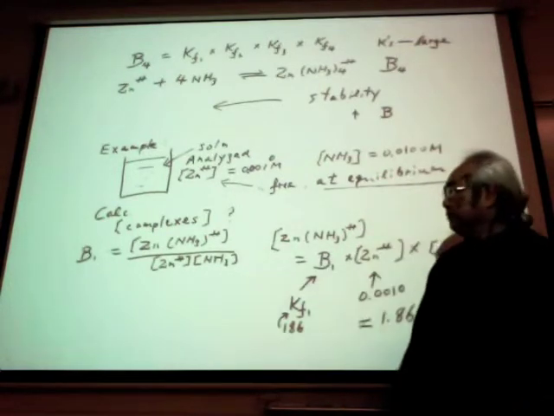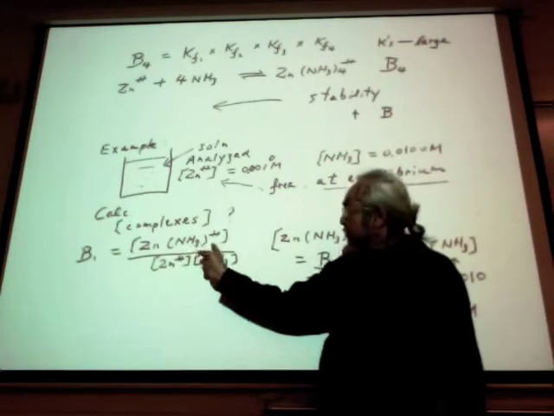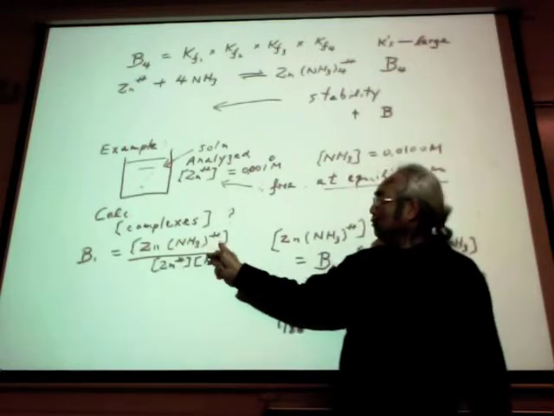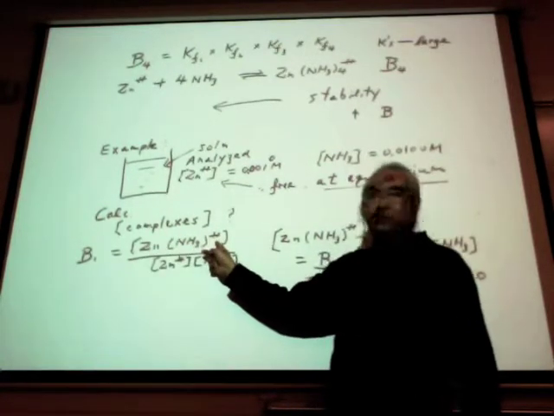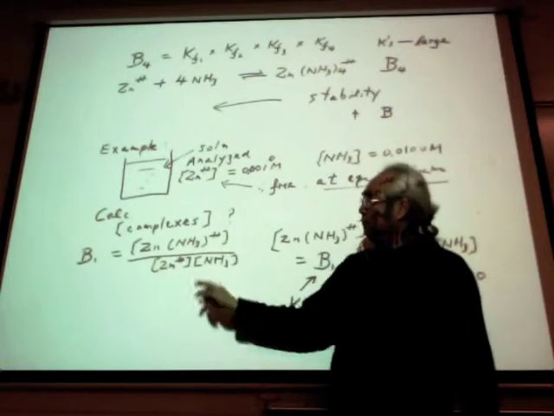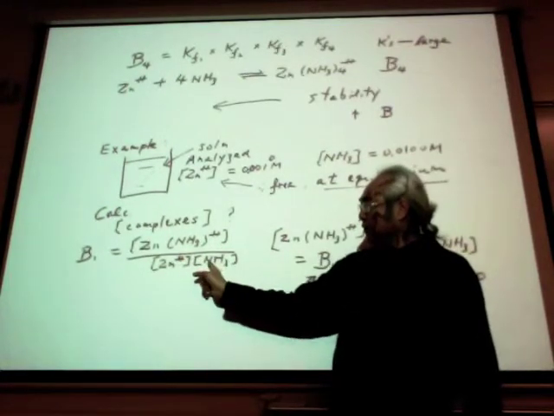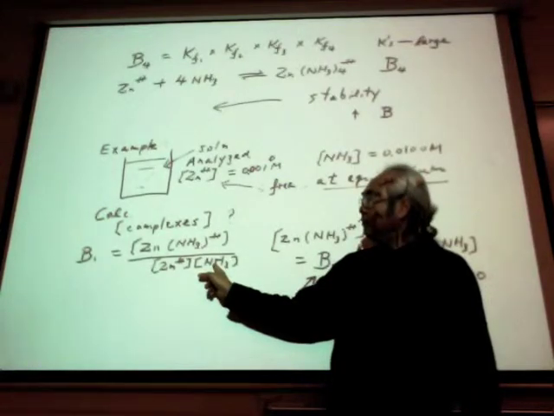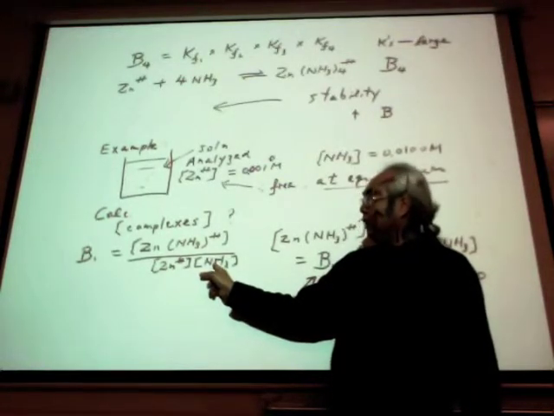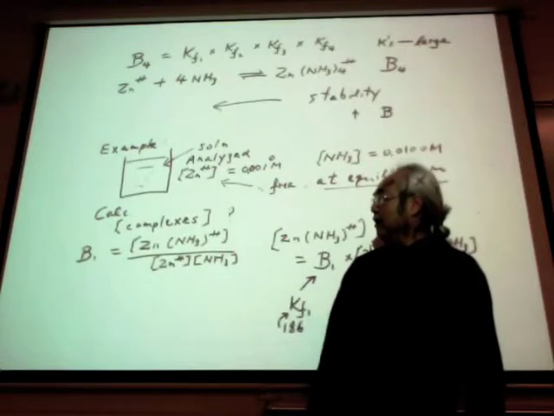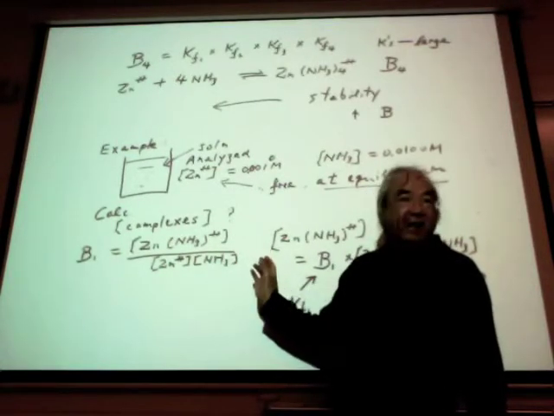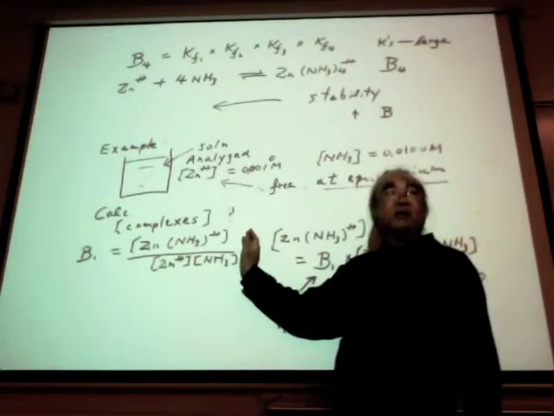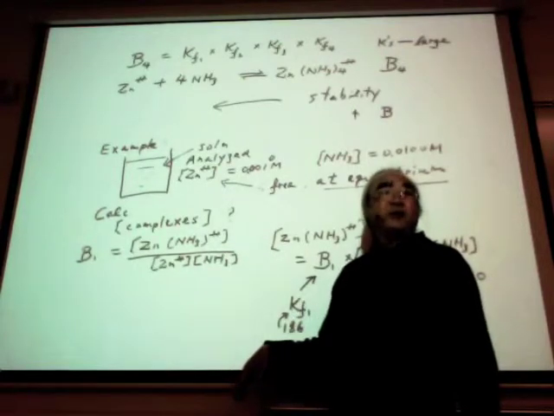For example, this is a complex. What will be its concentration in the mixture, while knowing the two equilibrium concentrations? Once you are thinking along this line, then this calculation is straightforward, right?